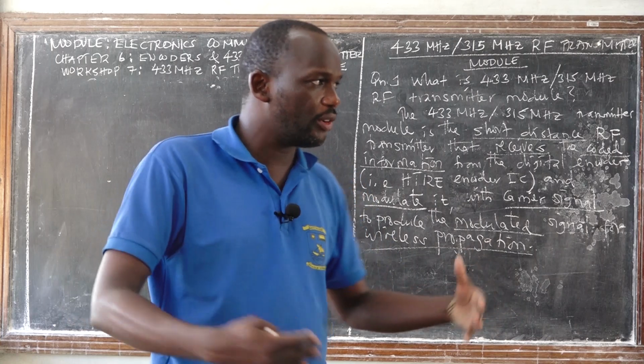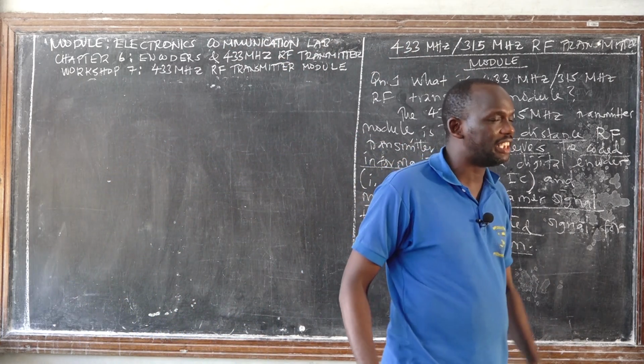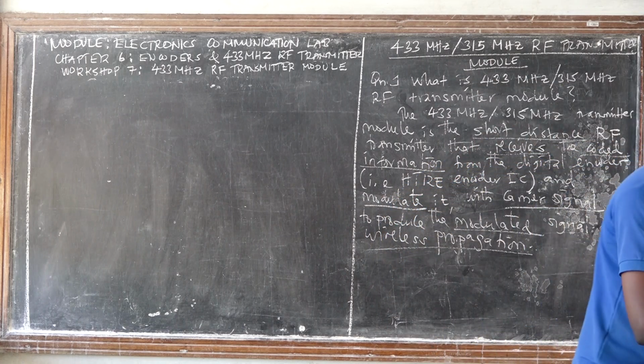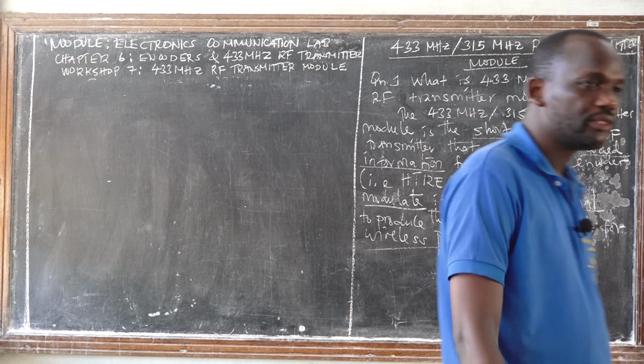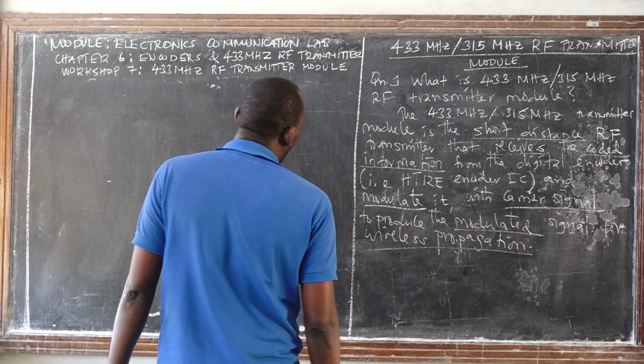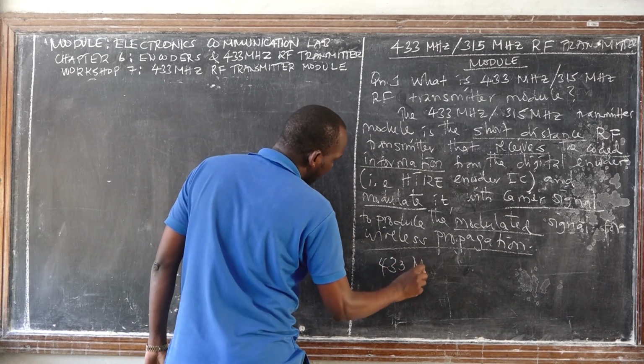And once we get that modulated signal, these RF transmitter modules also have the responsibility to propagate that information into space. Are we together? So from this definition, you can understand the fundamental functions of this RF transmitter module, right? Then the question is, what is the meaning of 433 megahertz?